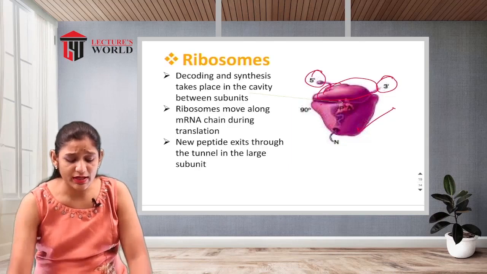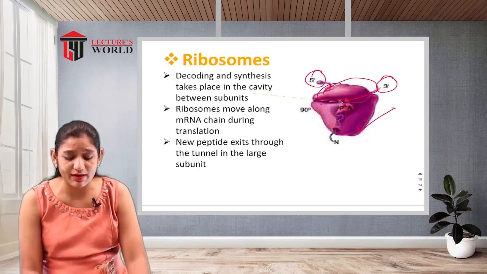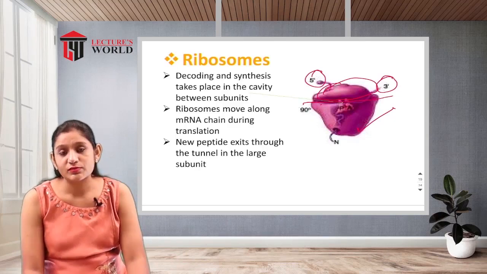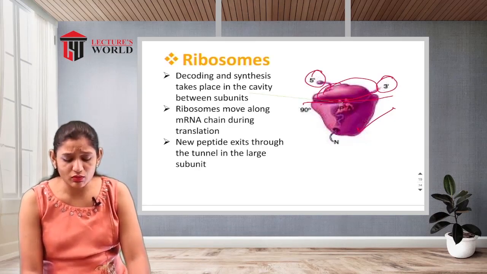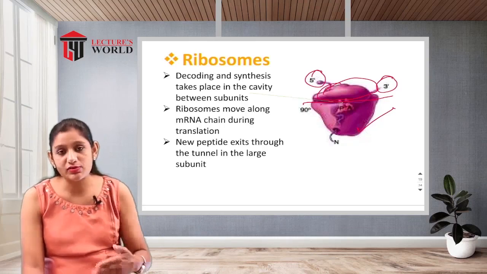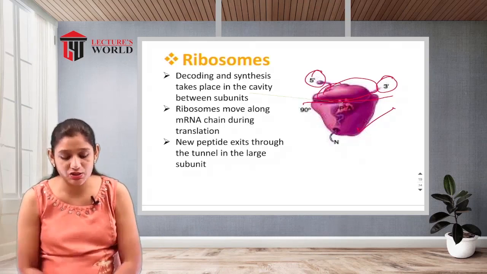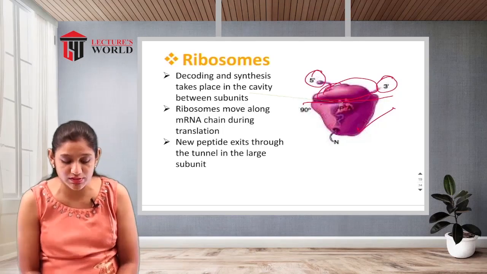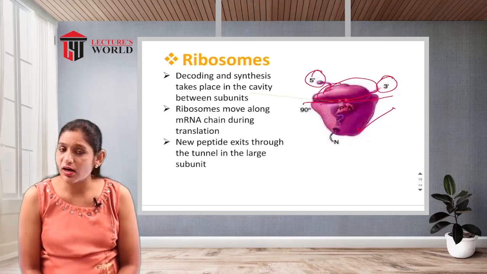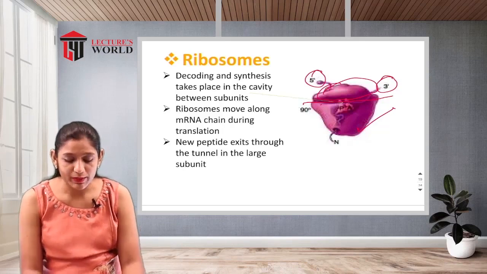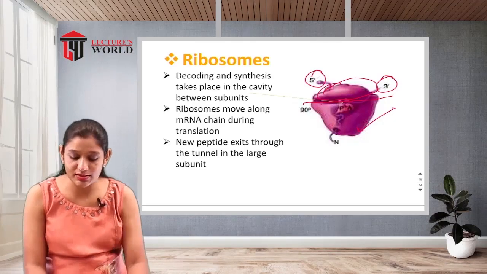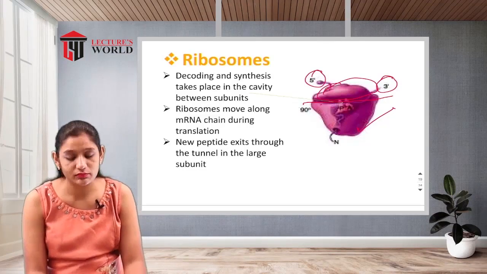Decoding and synthesis take place in the cavity between the subunits, and the ribosome moves along the mRNA chain during translation. The new peptide exits through the tunnel in the large subunit.